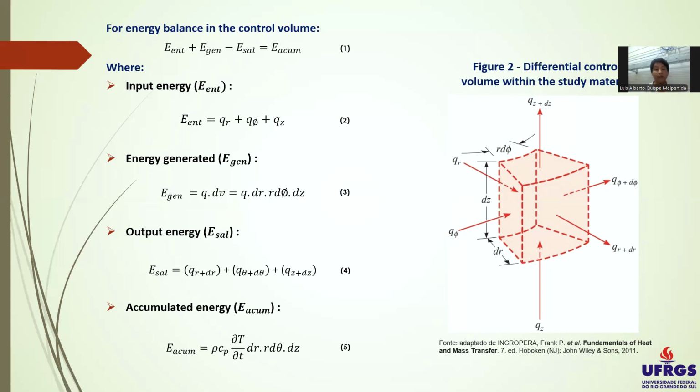The generated energy is the product between the heat flux and the variation of the control volume, which can be expressed as shown in equation number 3. The output energy is composed of the sum of the heat fluxes at the exit of the solid under analysis, as shown in figure number 2. The accumulated energy is the density of the material multiplied by its heat capacity and the variation of the control volume.